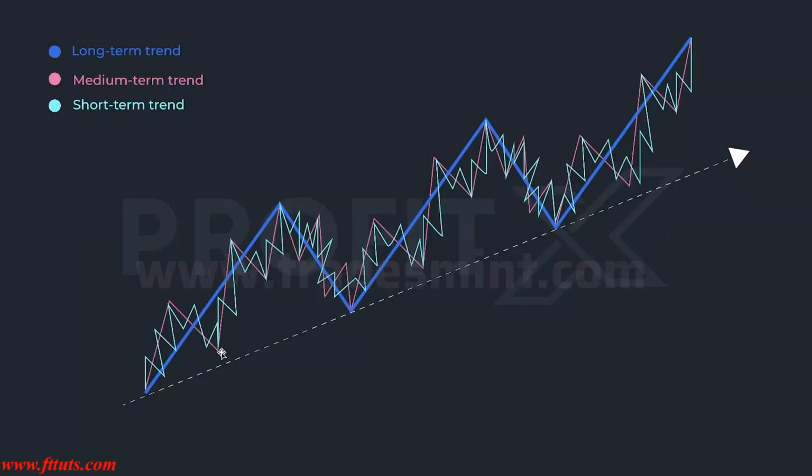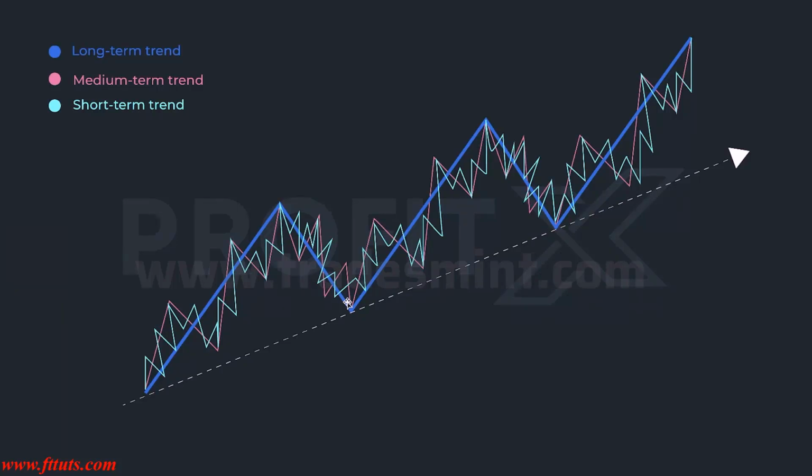And understanding this concept, that there's a longer term trend movement up, there's a medium term where as this one is going up, there's higher highs and higher lows being created on the lower time frame. And when this is going down, when the long term is going down, the medium is going into a downtrend. This is going to help us when it comes to using multiple time frames.